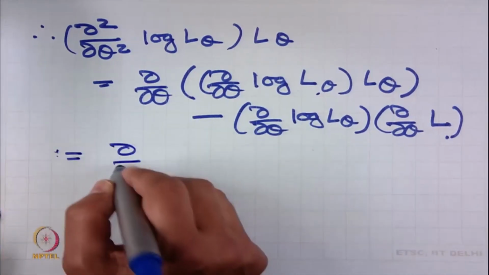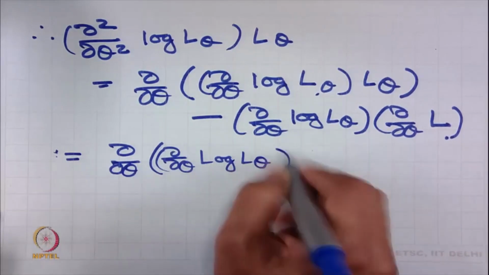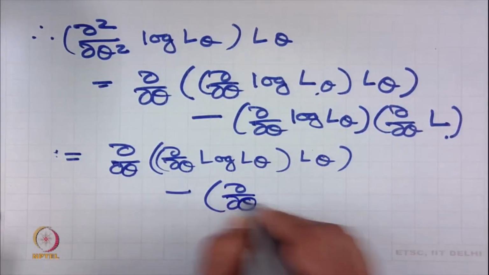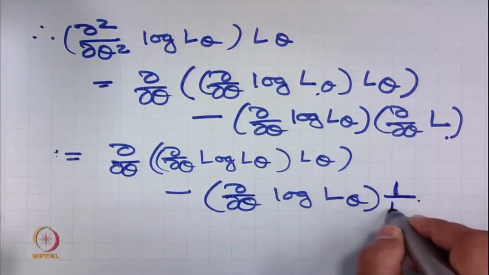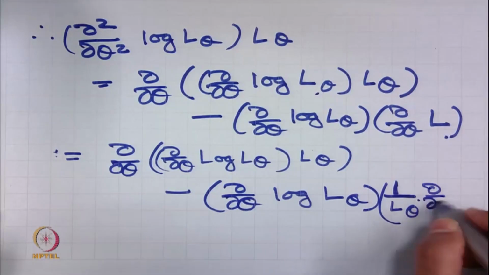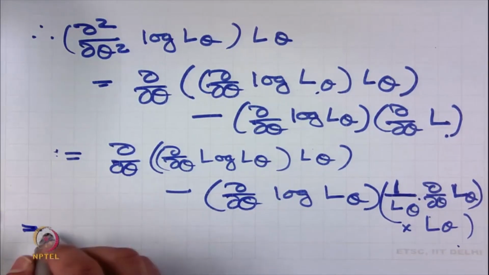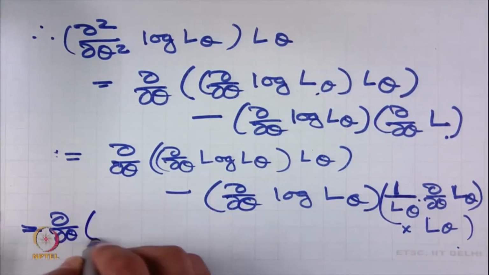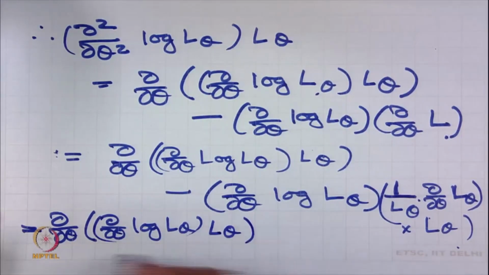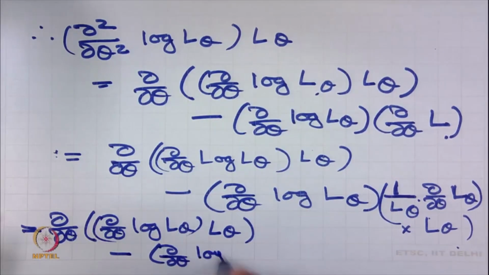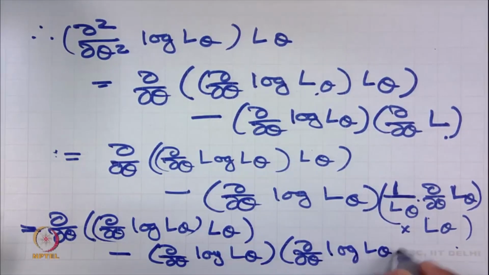This is equal to del del theta of del del theta log L theta into L theta minus del del theta of log L theta into 1 by L theta into del del theta of L into L theta, which is equal to del del theta of del del theta log L theta into L theta minus del del theta of log L theta, and this we have already seen is del del theta of log of L theta into L theta.